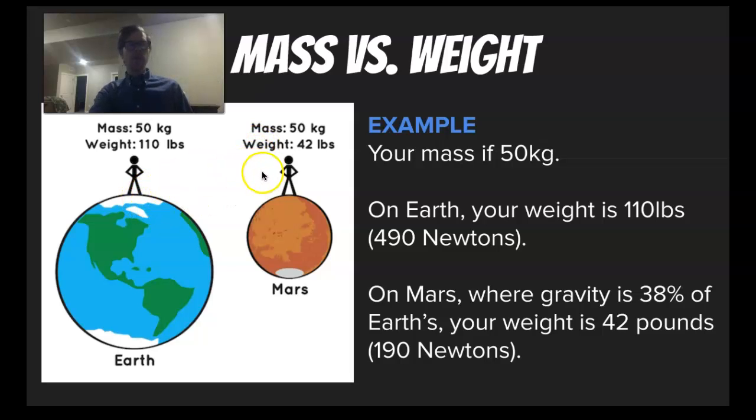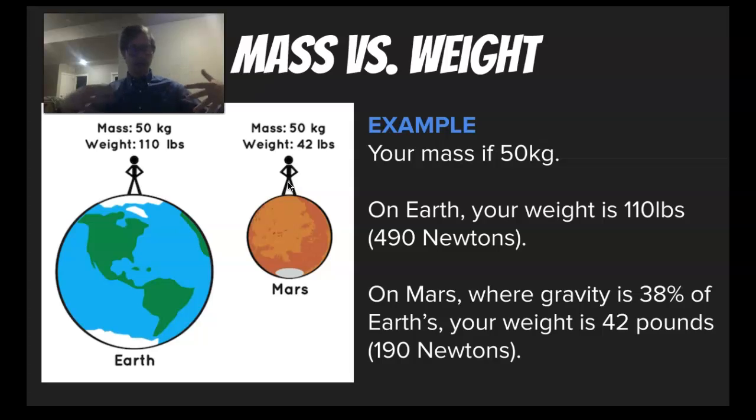But let's say you go on a trip to Mars. Notice your mass stays the same. Your mass stays the same, but suddenly your weight is less than half, because Mars has a gravity of about less than 40% of that of Earth. So that means you feel equivalently that much less weight. So you still have the same mass, but it'll actually be much easier for you to walk around.